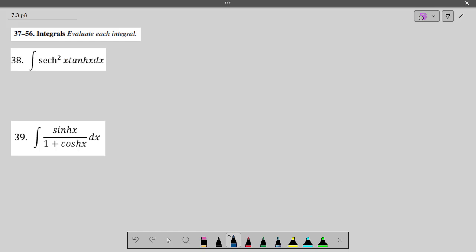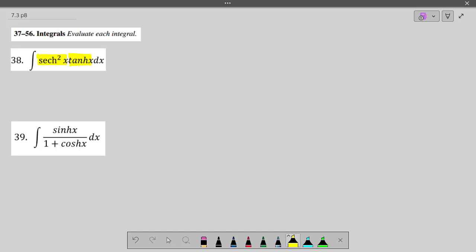And when I am looking at this, I am seeing the product of tangent, I should say, and sec squared. So there's really 3 choices for u, but the most obvious choices were to let u be tangent and to see if its derivative is present, or to let u be sec squared and see if its derivative is present.